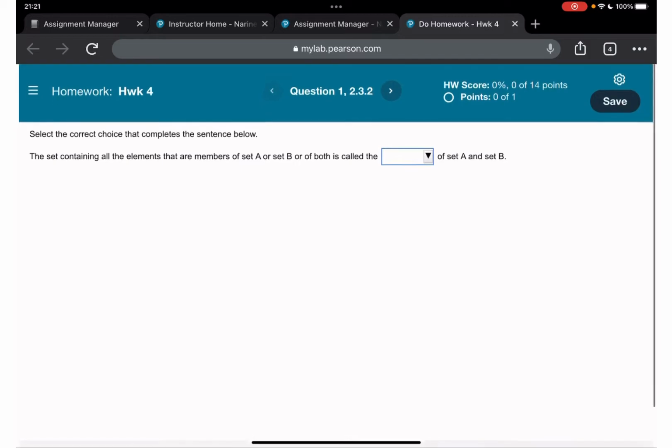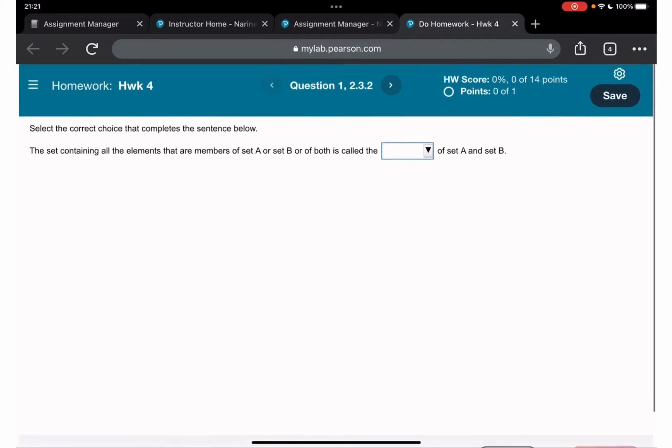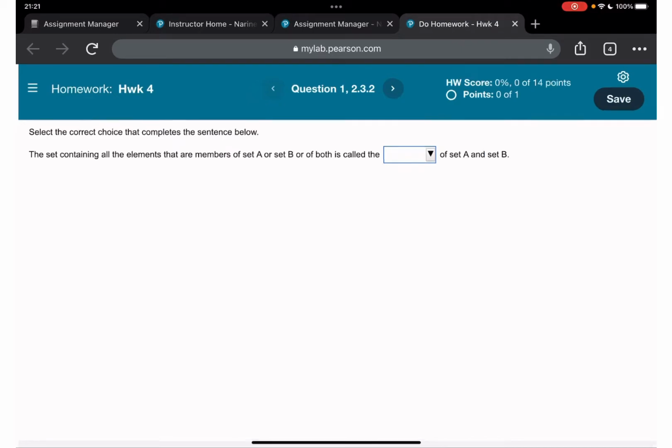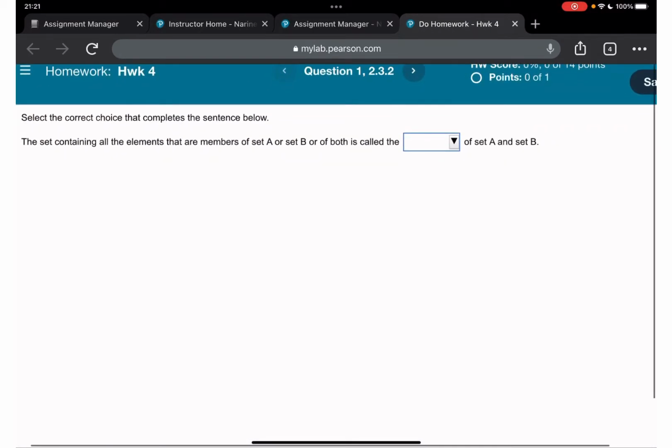All right, we're going to work on homework 4. So question number 1, select the correct choice that completes the sentence below. The set containing all the elements that are members of set A or set B or both is called union.